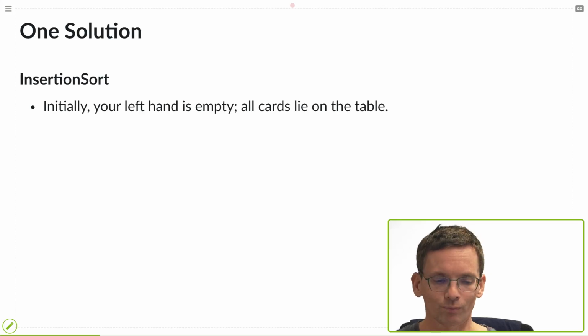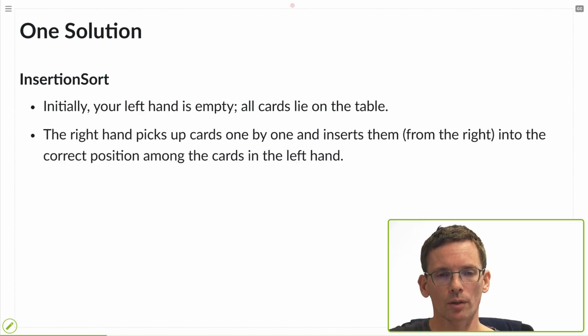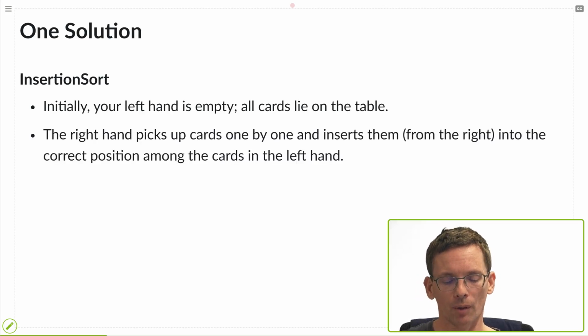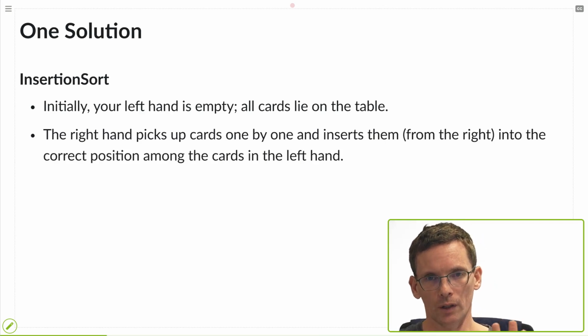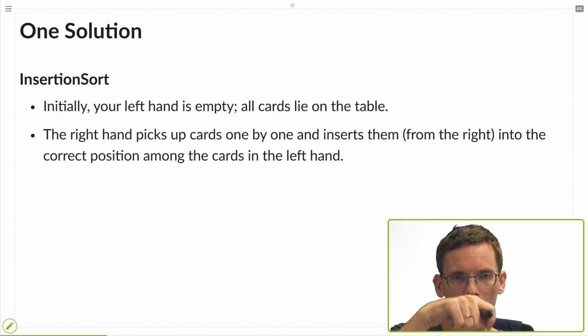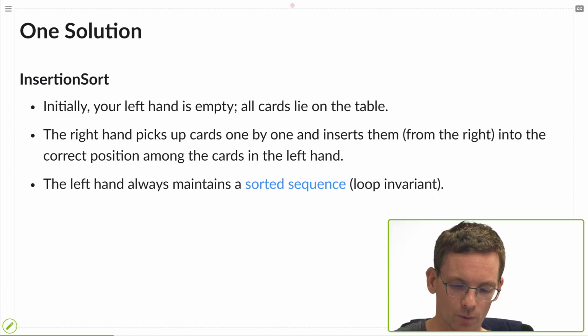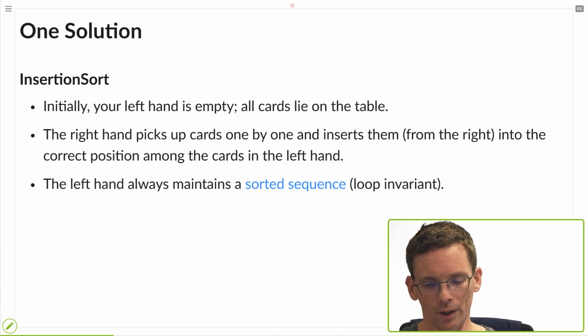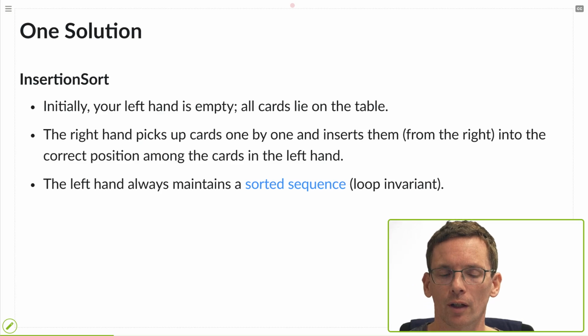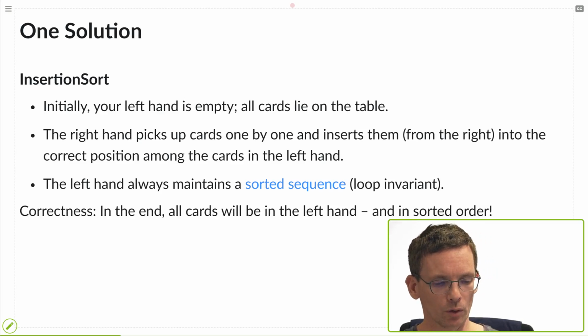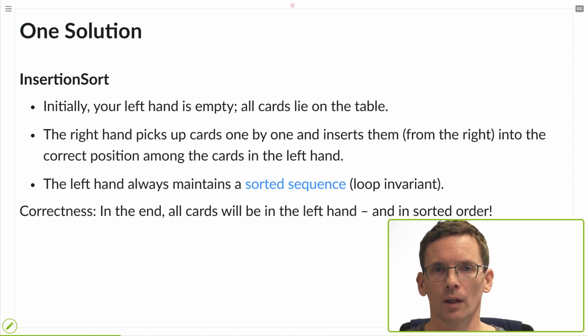Because before picking up a new card this sequence is sorted, when I place a new card in the right position, I again have a sorted sequence. This already is a loop invariant, and it will feature later, as a more formal description of this in the proof that we're going to do.